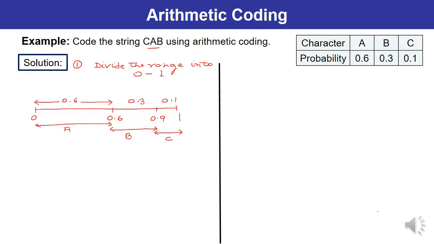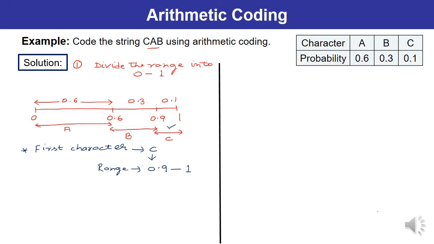So here the first character which is to be encoded is C. Observe the string. The string is given as CAB. So in this string you can observe that the first character is C, and C falls in the range 0.9 to 1. It means code would start in this range only.